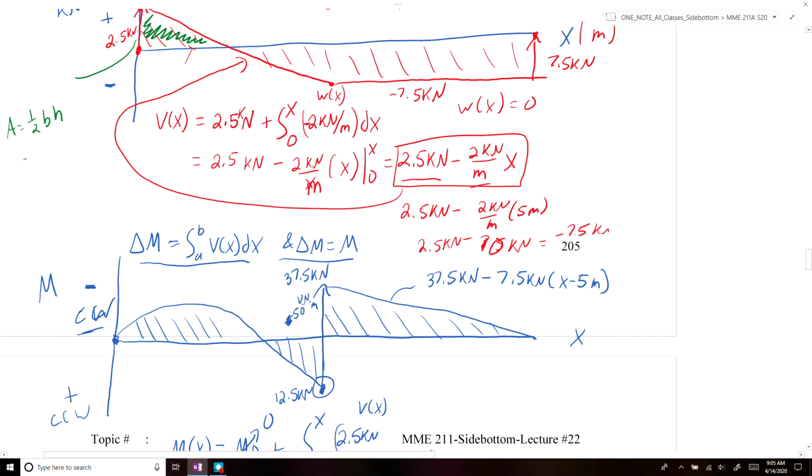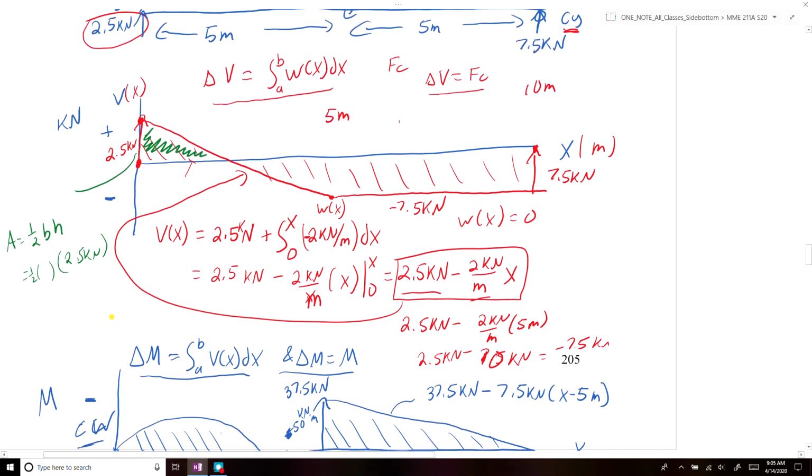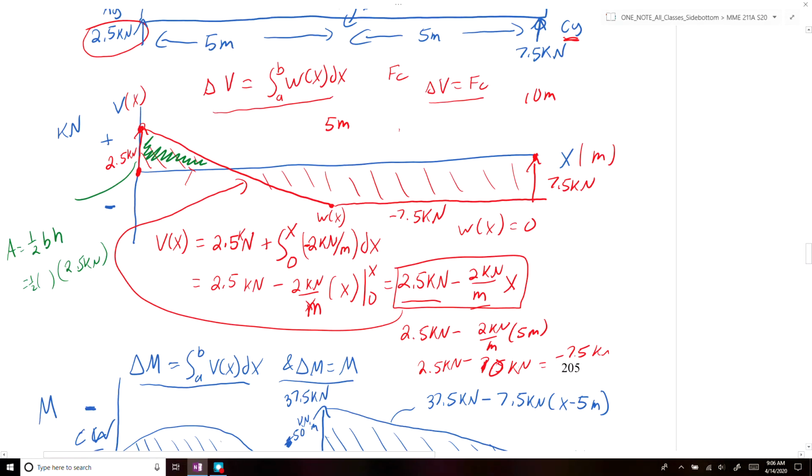We know that the height is equal to 2.5 kilonewtons, and we could solve for the base by setting this equation here equal to 0. So we know that V of x is equal to 0 at x equal to 1.25 meters. So you could plug in 1.25 meters here.